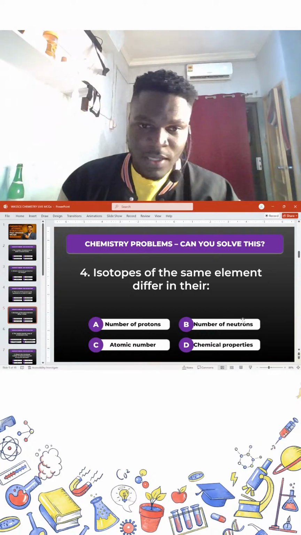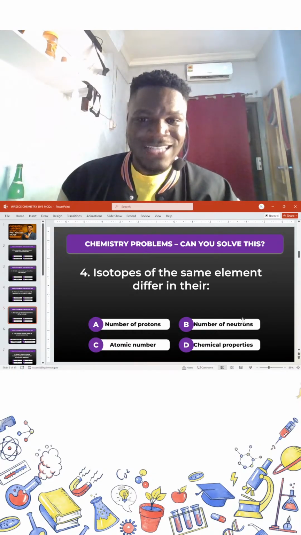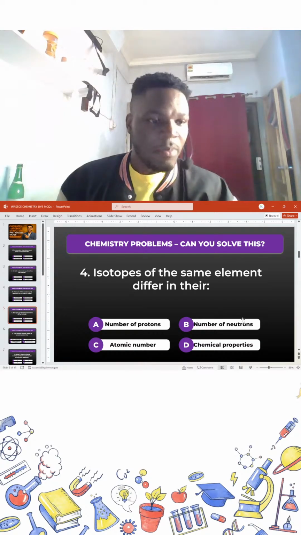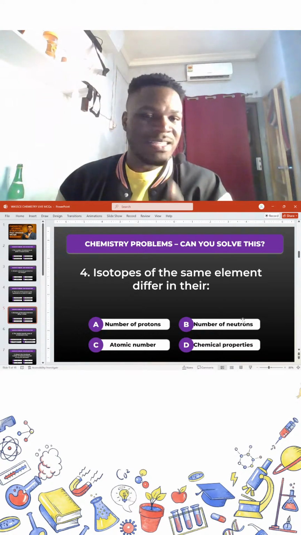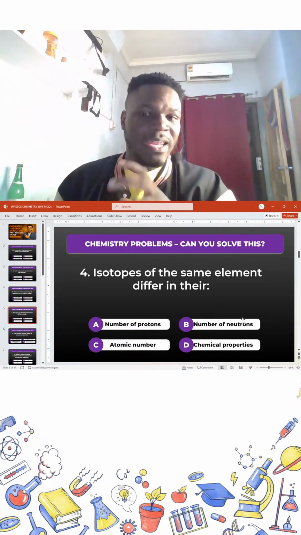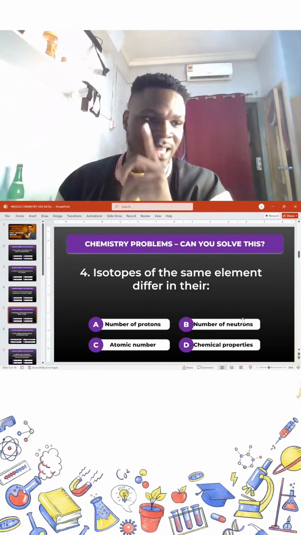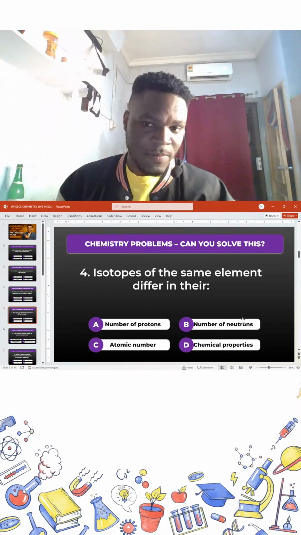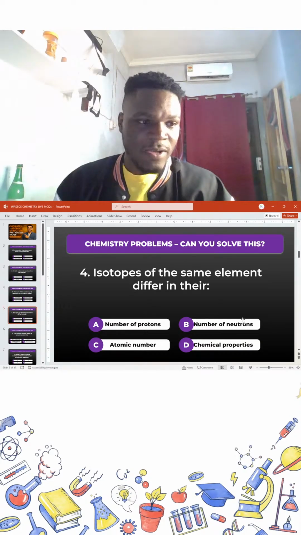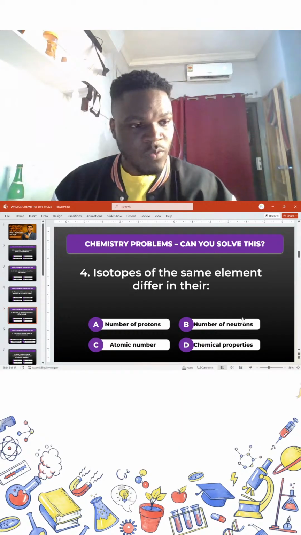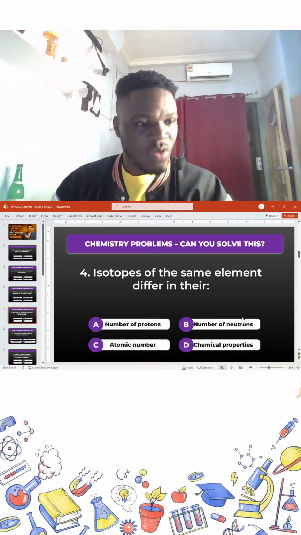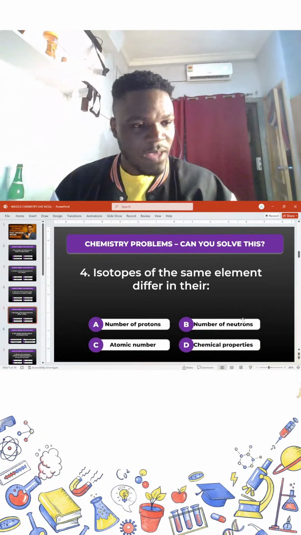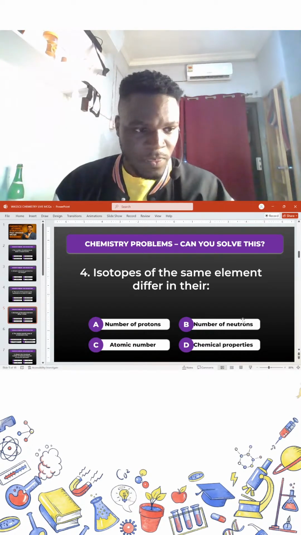Okay, very good. So the correct answer here is the number of neutrons. Isotopes are of the same element. They have the same atomic number, which is the same number of protons, but they have different mass numbers, and that difference in mass number is due to the differences in their neutron numbers. If one has 5 protons, the other one will also have 5 protons, but one may have 5 neutrons, while the other may have 6 neutrons.